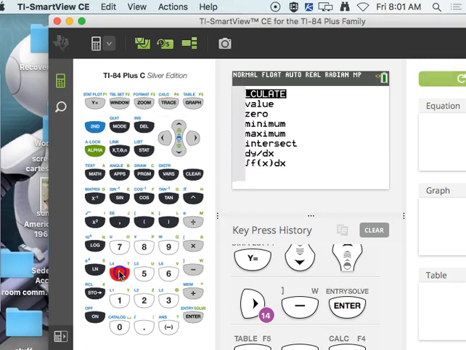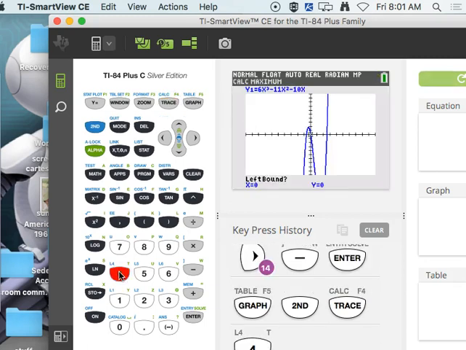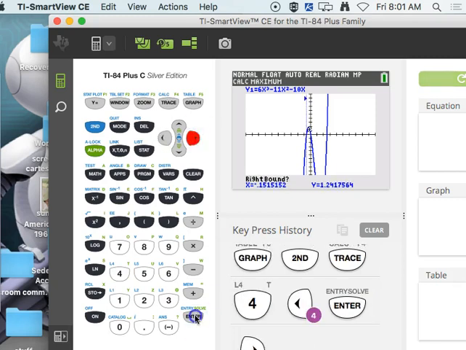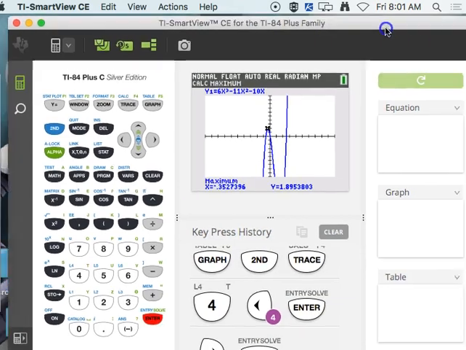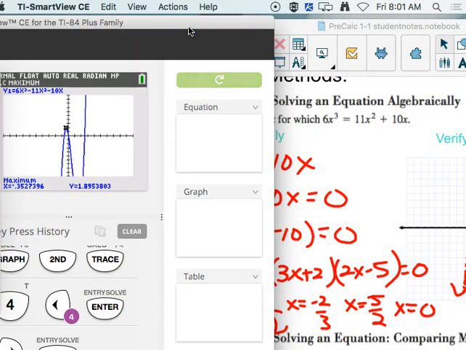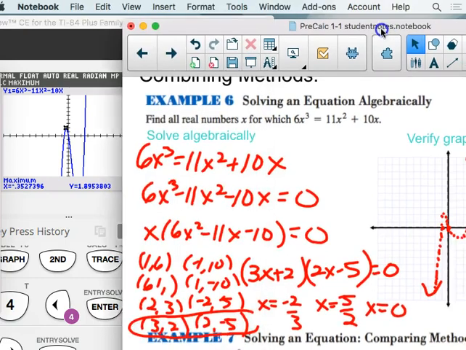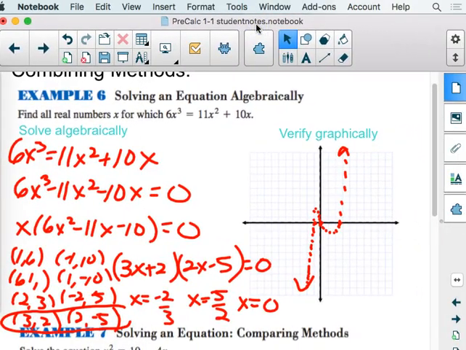We got a little maximum going here at the top of this hill. So about 0.358, 1.895. Almost 2. Oh, that's pretty close up here.